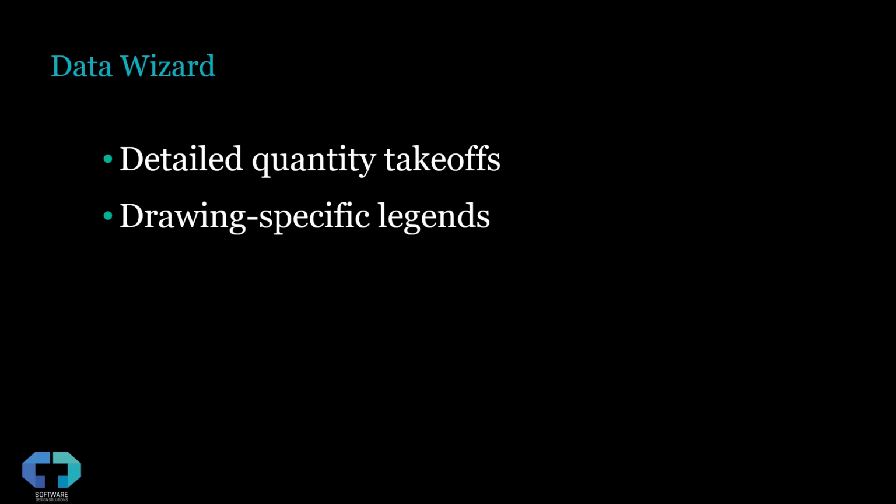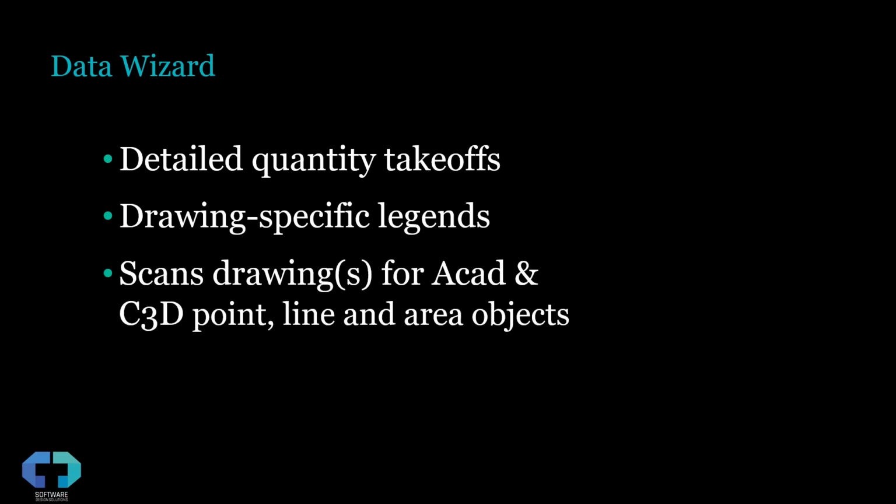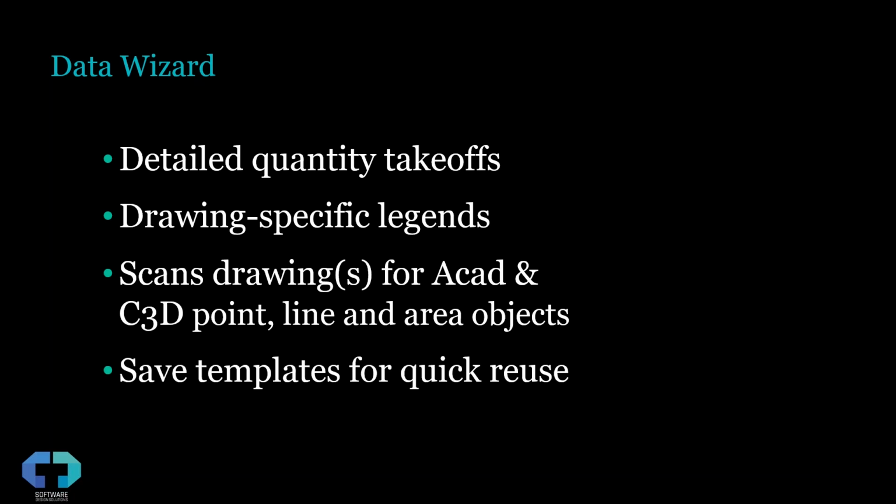Data Wizard, in a nutshell, scans any number of drawings for AutoCAD and/or Civil 3D point, line, or area objects and pushes those out into an Excel file or into an AutoCAD table. So the workflows, the use cases, are really endless, but we're going to focus on a couple today.